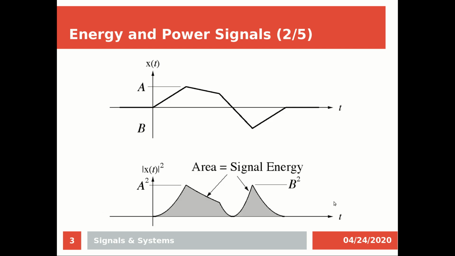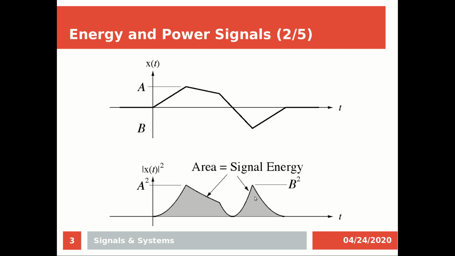Okay, so let's see how it works if we have a signal like this, from 0 coming up to a and returning back to 0, and then going to b and returning back to 0. So this signal has some voltage, has some power on it. To calculate the energy, we take the square of this signal. So everything is squared. If it is negative, it will be positive.